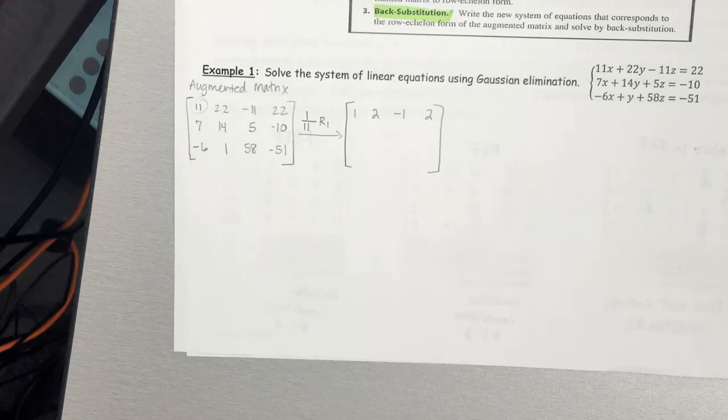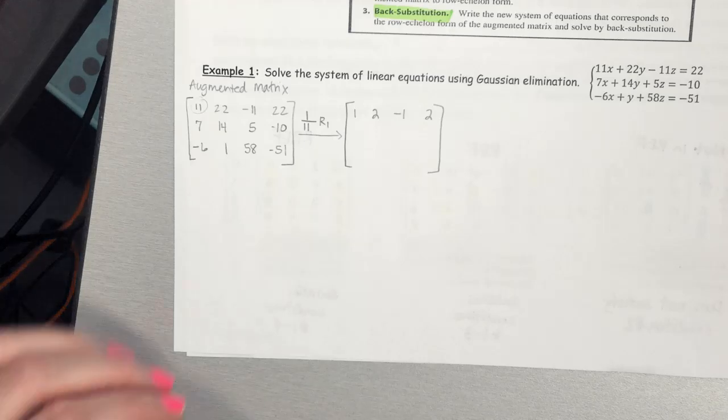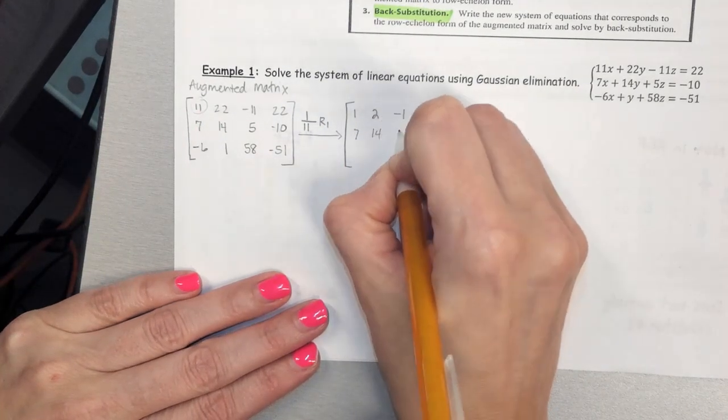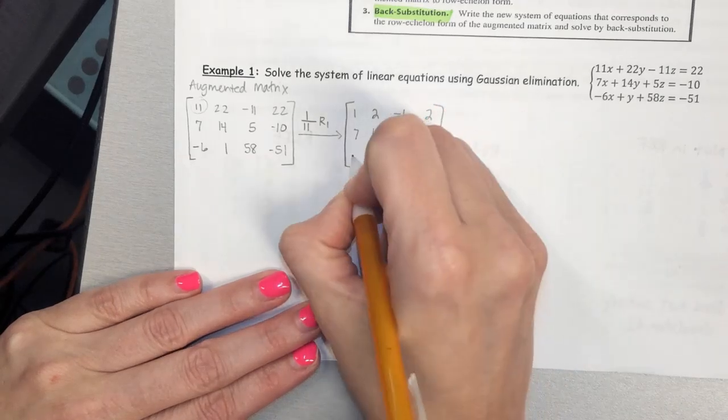Okay, so to get those zeros below it, you have to multiply by the opposite. Okay, some of you don't have the next two rows right now. We need to do that. Right, because you just have, these two rows are the same. We didn't change them, so they're the same.